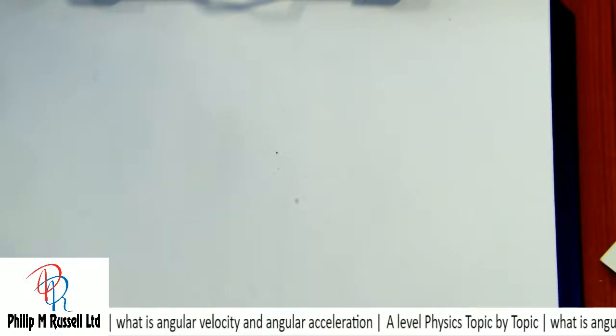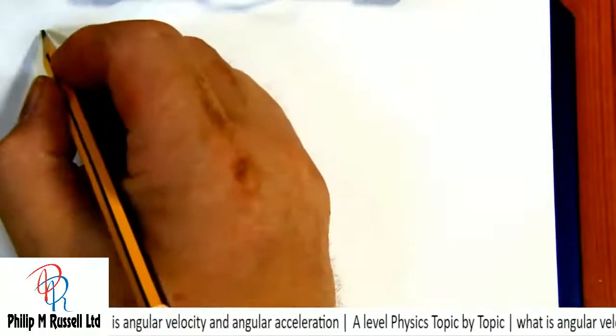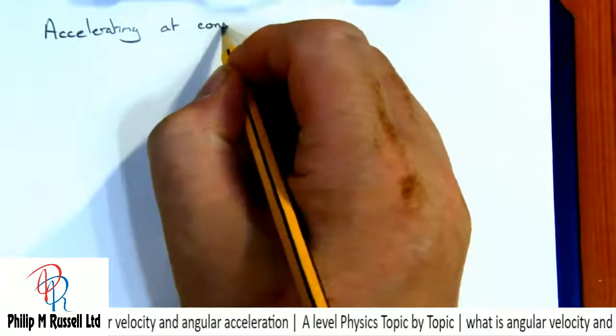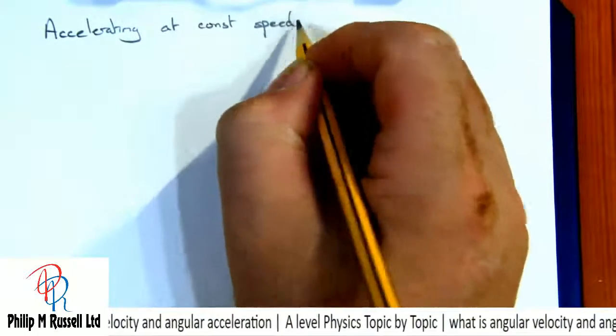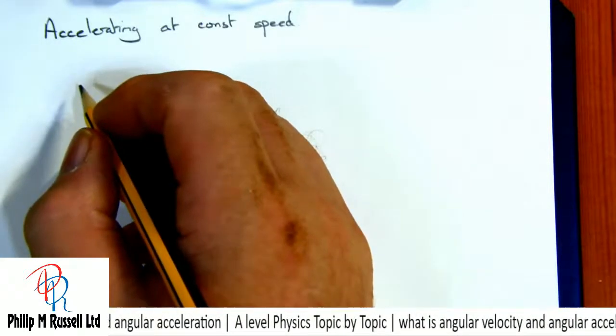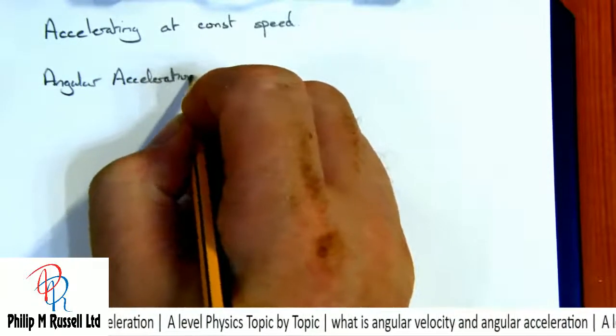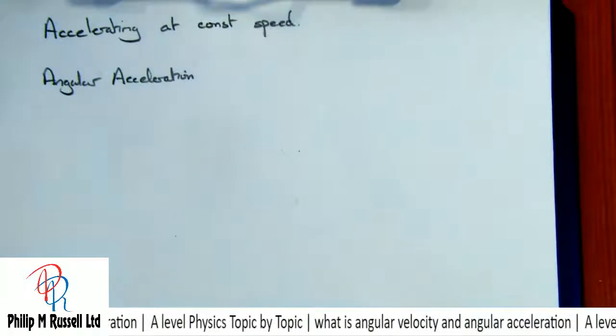So we are accelerating at a constant speed, which does seem rather daft, I suppose, in some ways. And we're going to think of this as either angular acceleration or maybe we could call it centripetal acceleration.